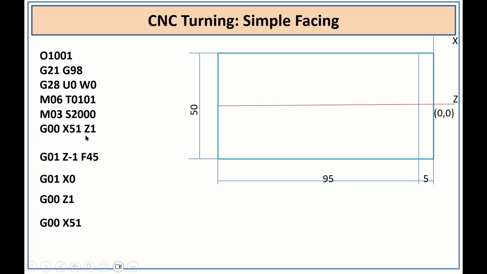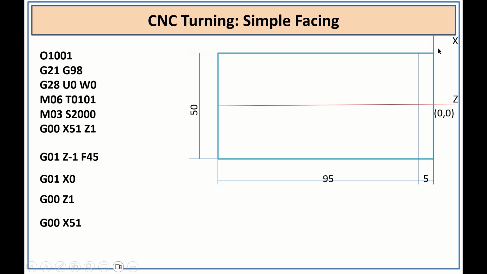Now this is the initial cycle which I need to write for every program. Now from home position I need to call the tool to G00 rapid travel, X51 and Z1. The X51, this is the 50, and X51 indicates somewhere away from this sample, and Z1 indicates this point.